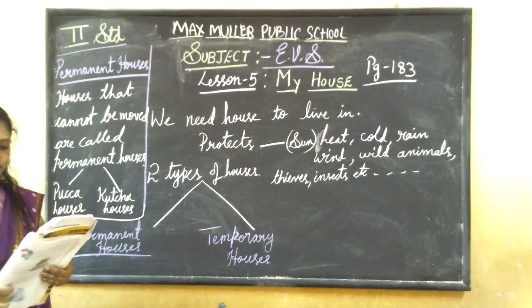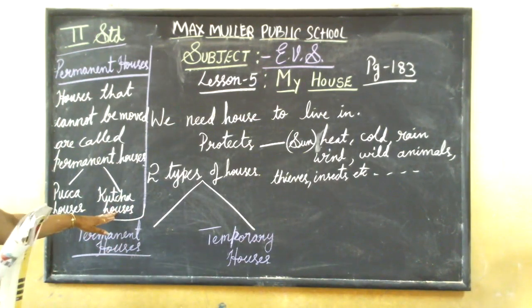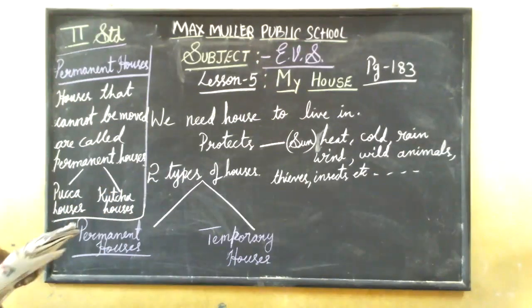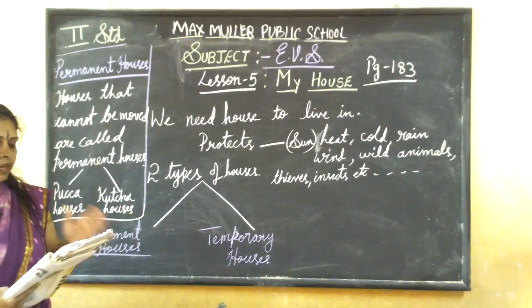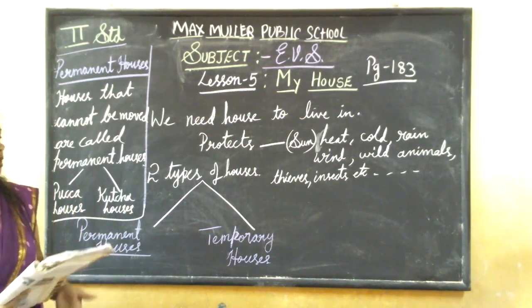So two types in that. It can be Pucca houses also, Kacha houses also. Now, first, let us learn what are Pucca houses and then Kacha houses.